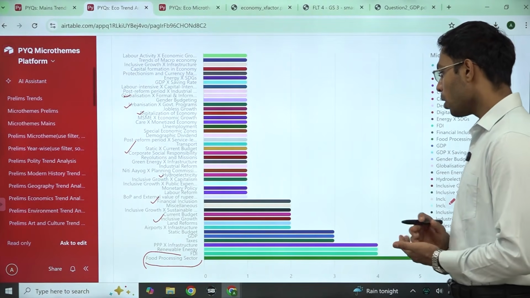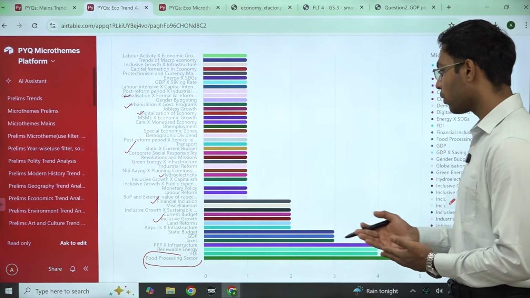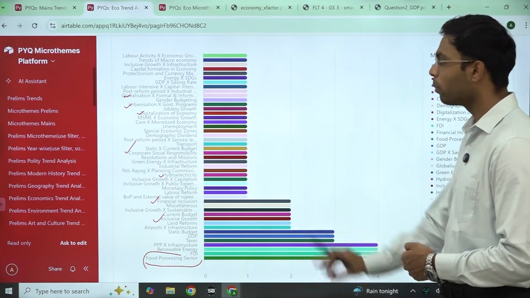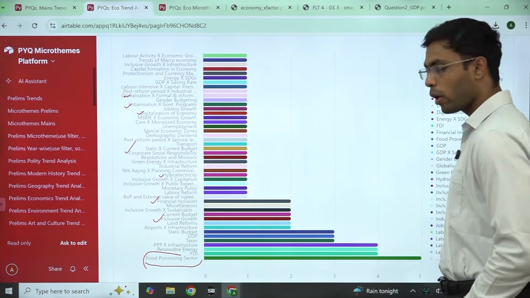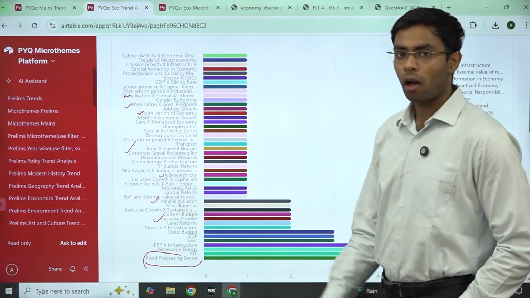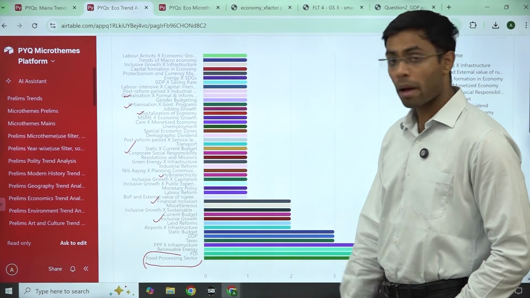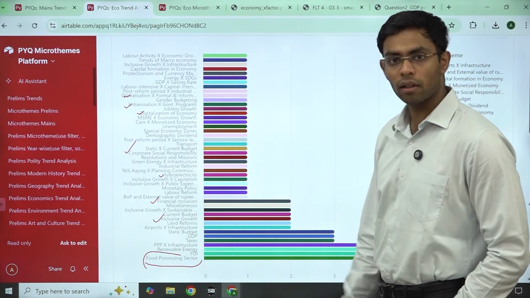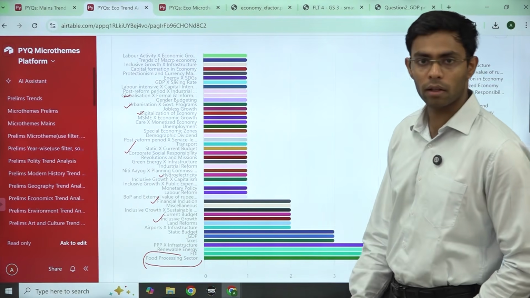So let's take a topic, for example, suppose I want to prepare GDP now from the economic part of the GS3 paper. I today decide that I want to prepare GDP. Now, how do I do it in the best manner possible so that I'm able to get the best from this topic in the mains examination and deliver good content, right?